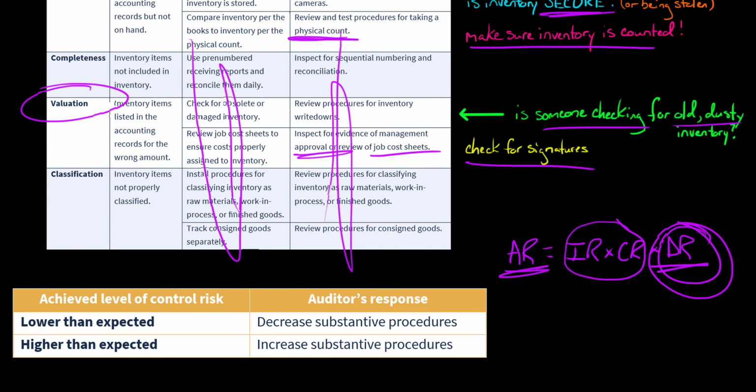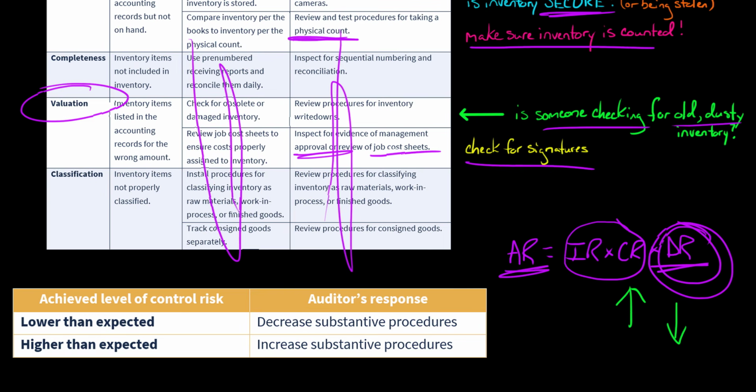And how do they set detection risk? If the control risk is a lot higher than what we thought, if I went and looked at the controls for this company and how they're operating them and it's a problem, the control risk is high, then we need to decrease detection risk. How do we bring detection risk down?